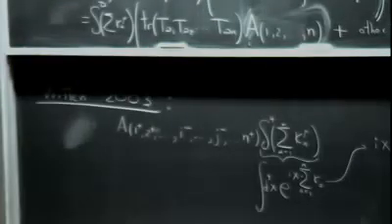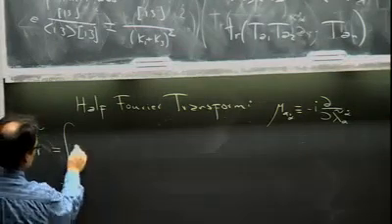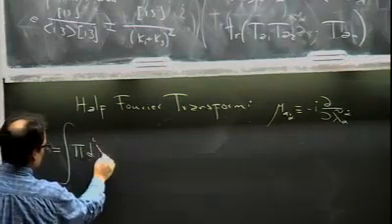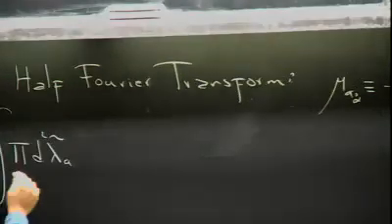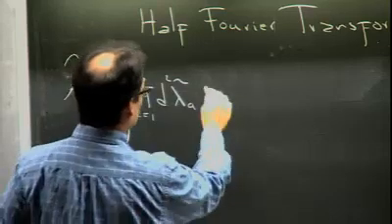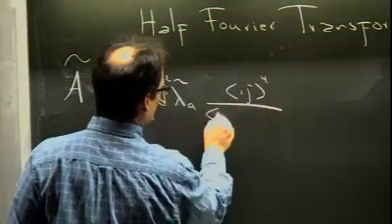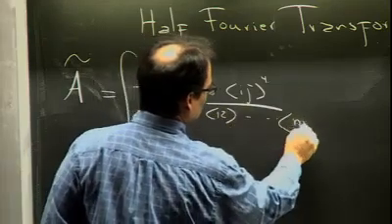So we're going to take that object and define its Fourier transform with respect to lambda tilde. So we're going to do the Fourier transform of every single lambda tilde. So I'm going to write that function, the function that we have over there, delta to the fourth, 1, 2, up to n.